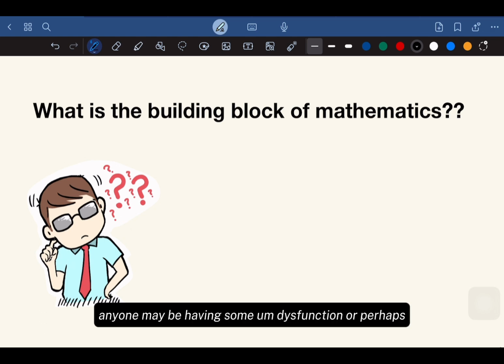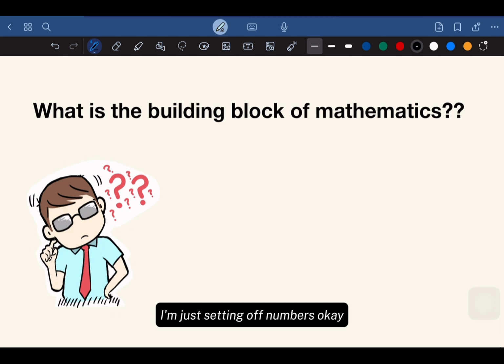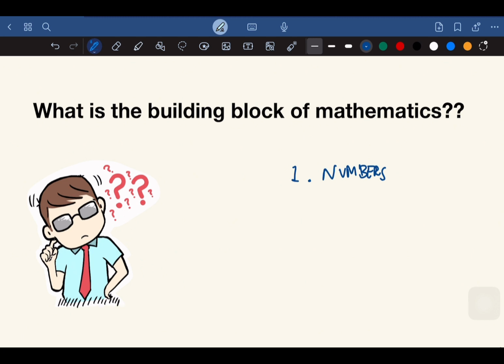Anyone maybe having some discussion, or perhaps going through a website, reading some books, or watching some videos about this? Any thoughts? Understanding of numbers. Okay, let me write here. Numbers. I think last week some student also said numbers, but any other ideas?